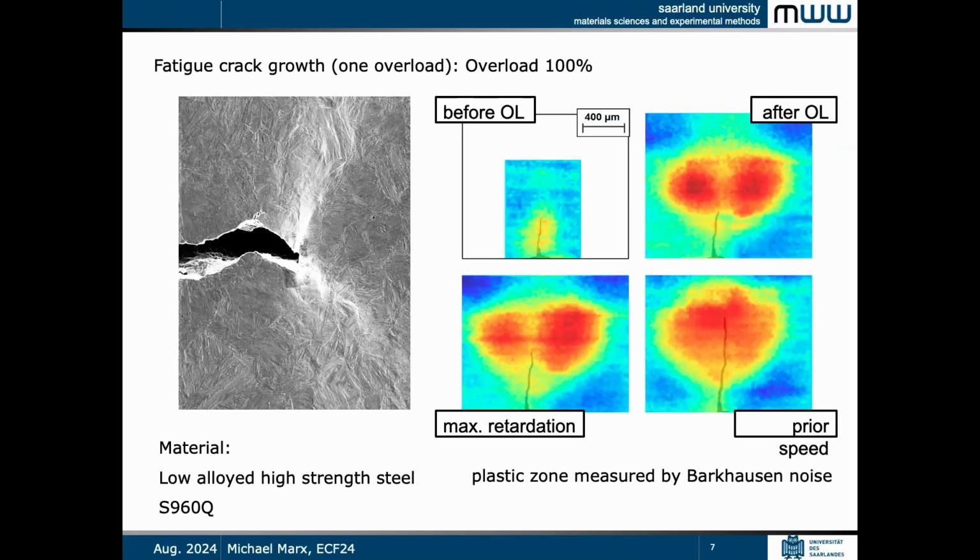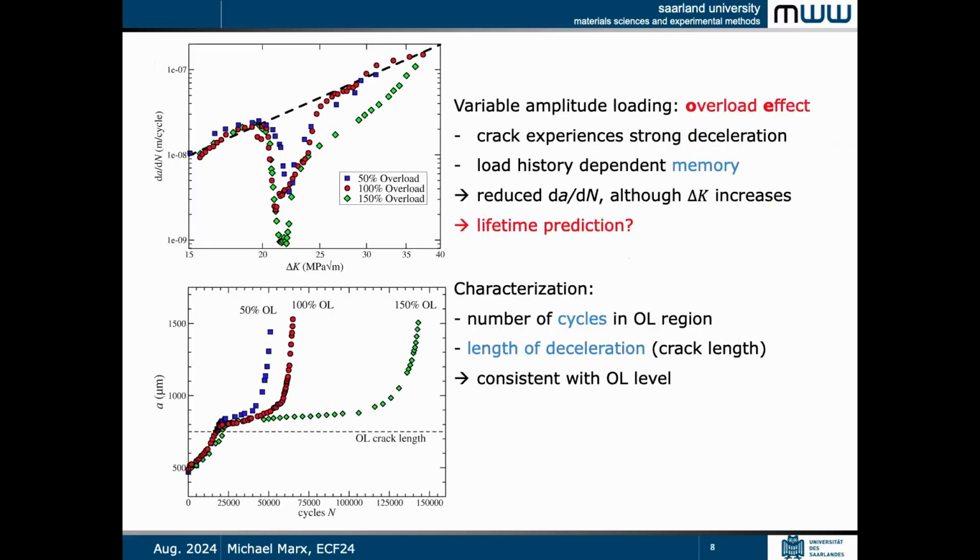What do I mean with maximum retardation? If we go to our da over dN diagram, it looks now like this. Here, this would be the Paris regime without an overload, and after the overload, the crack propagation rate decreases. It's a really huge decrease.